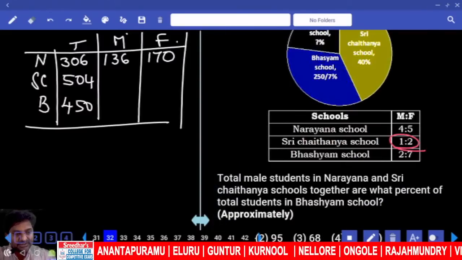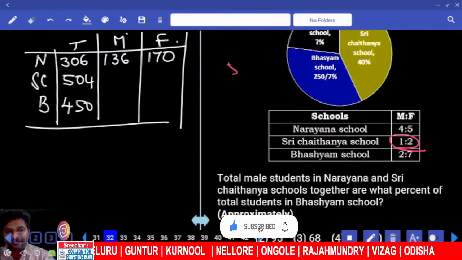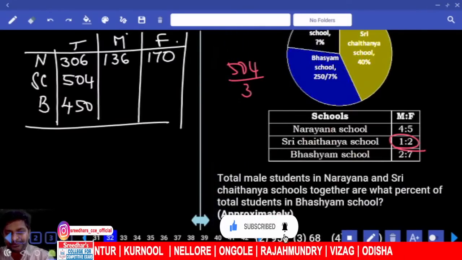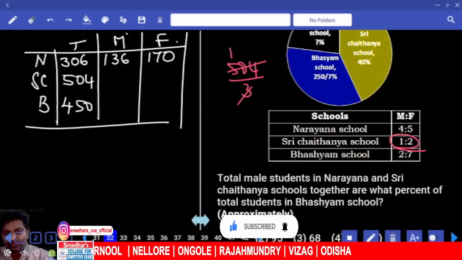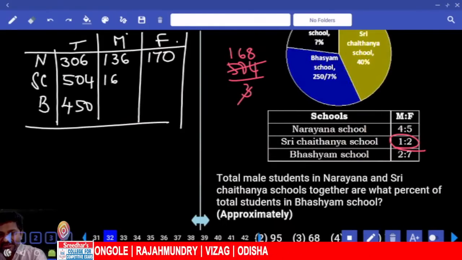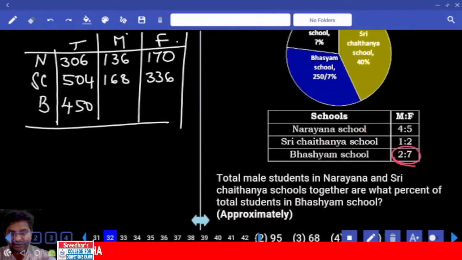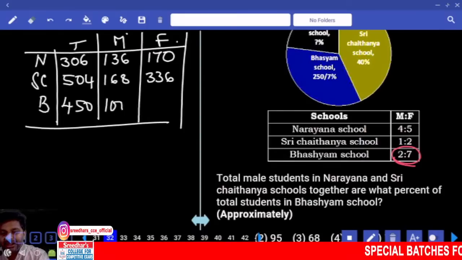Next, Chaitanya is divided into 1:2, 1/3 of it, 504 divided by 3. 3, 1, 6, 8. If it is 168, the other is exactly double, 336. 450 is divided into 9 parts, each part 50, 2 parts, 100, 7 parts, 350.